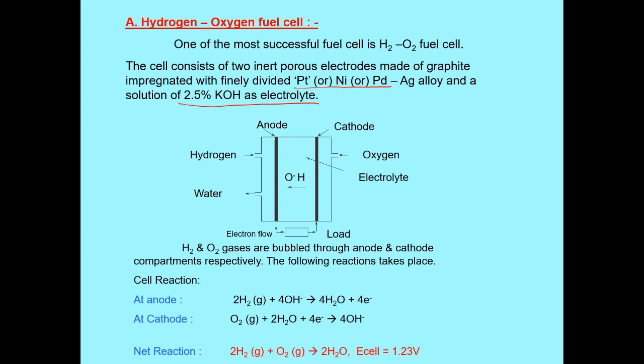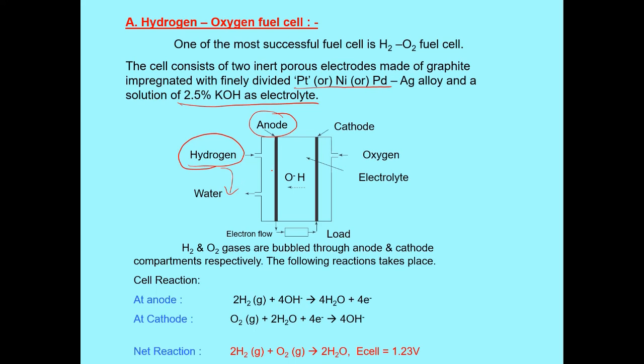So what is happening in this hydrogen oxygen fuel cell? At the anode, hydrogen will be oxidized to water by releasing electrons, that is, releasing 4 electrons.